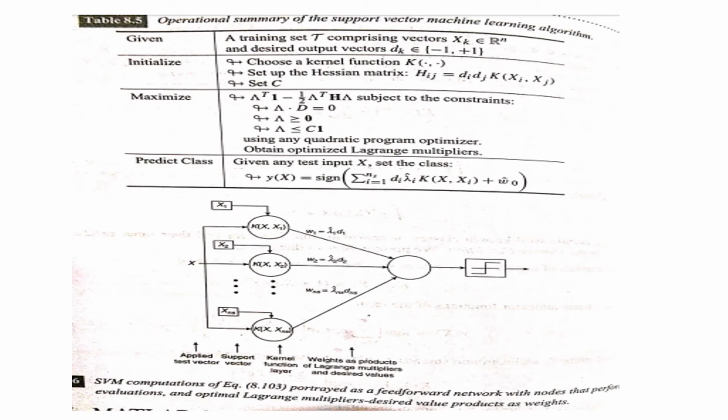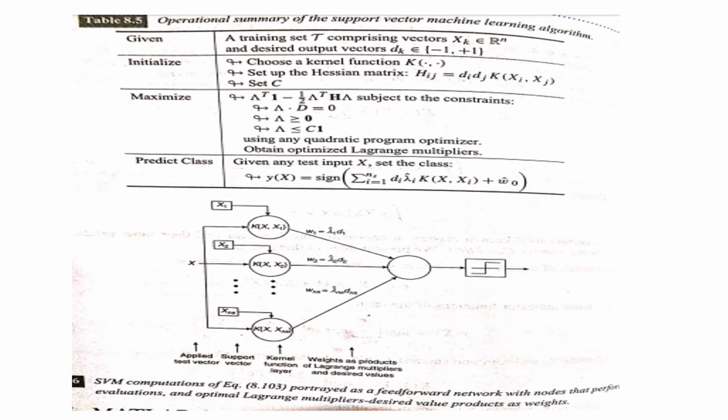Now we will see the algorithm of support vector machines. Initially, the training set is comprised of xk, which belongs to n-dimensional real numbers, and desired output vectors dk, which belong to -1 or +1. This is given to the SVM. Initialize the kernel function k, then set up the Hessian matrix, where the Hessian matrix is the matrix of partial derivatives.